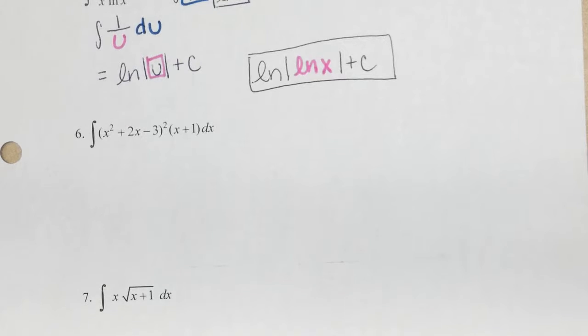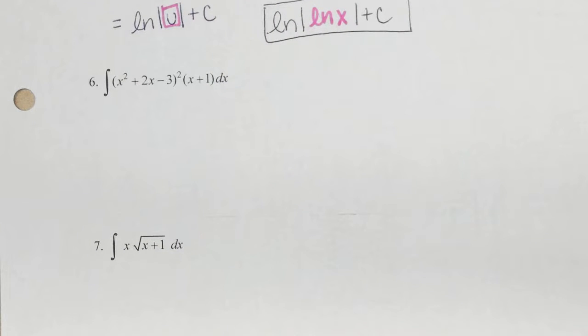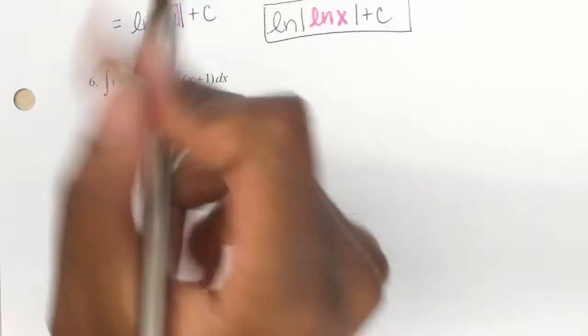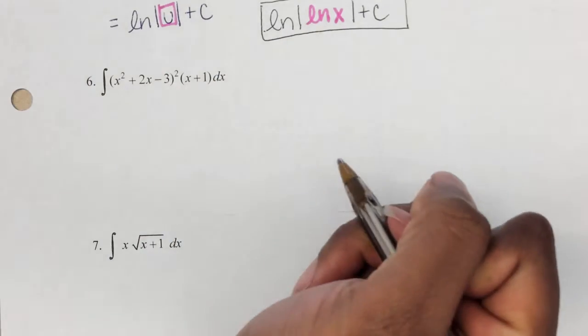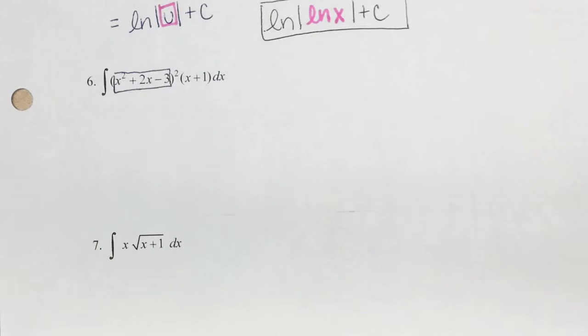Right, so let's look at another example of that. So for number 6, I'm going to pick x squared plus 2x minus 3 as my u, because I know when I take the derivative of that, I'll get an x without an exponent.